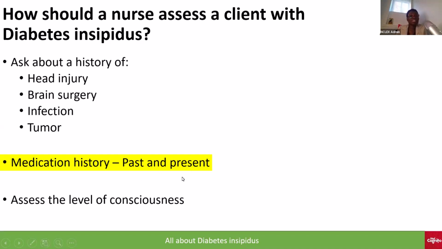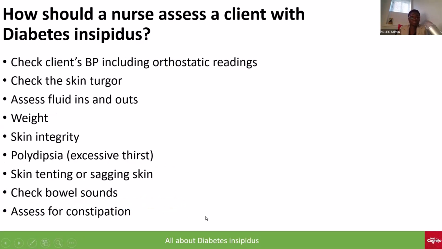It's important that we assess the level of consciousness, because the client can lose a lot of water, and then there will be altered sensorium. And as the client is losing so much water, the blood pressure will drop.